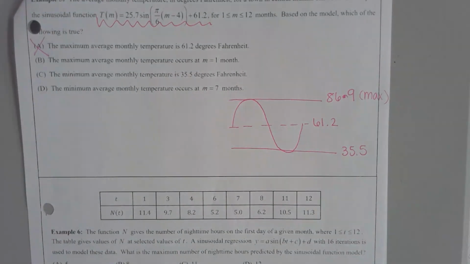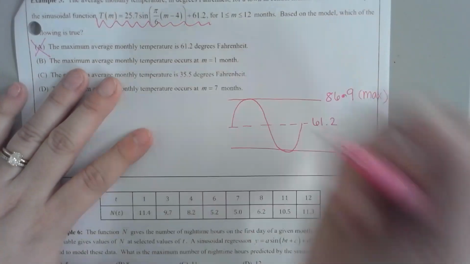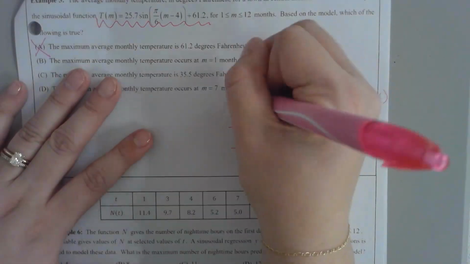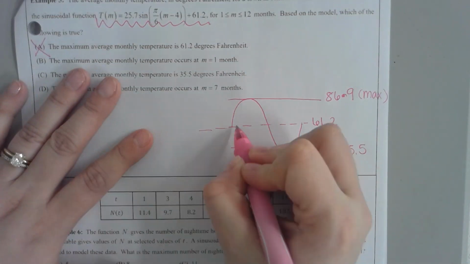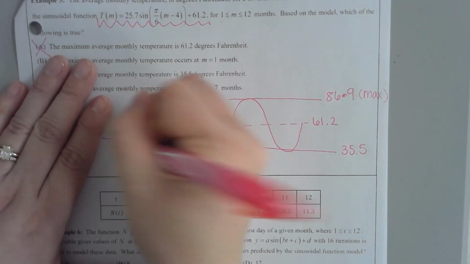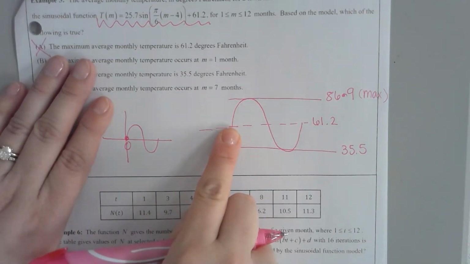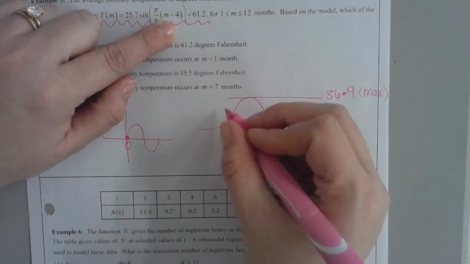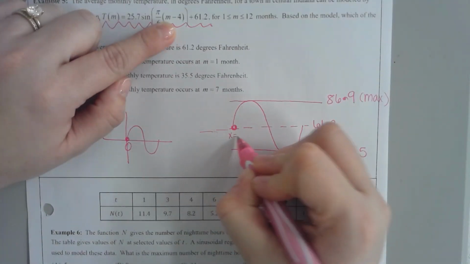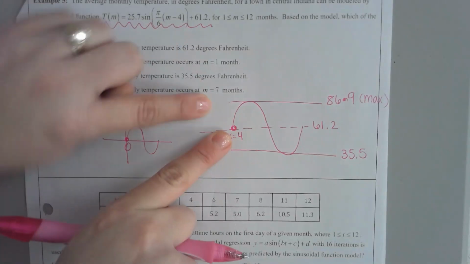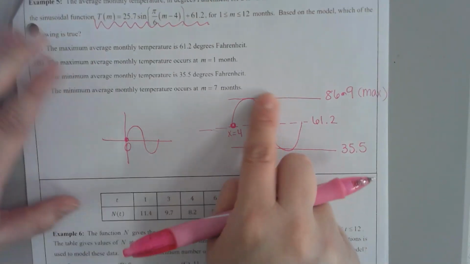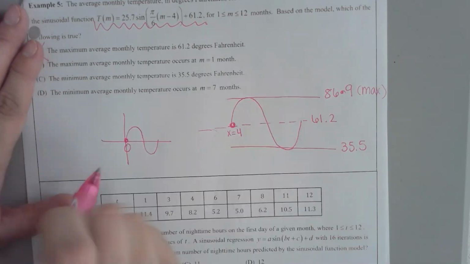So we know with sine, normally this value would be at 0, but I've shifted it right 4. So this right here has x equals 4. The maximum is going to be after that a little bit. It's not going to be that one.